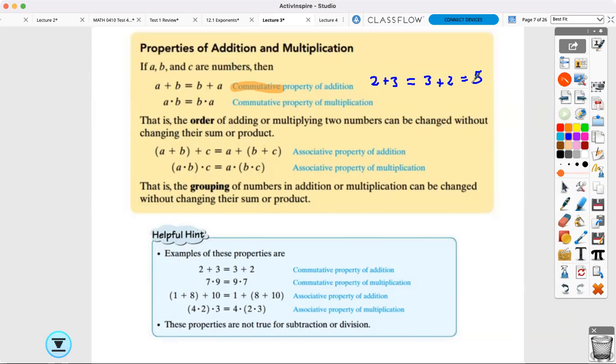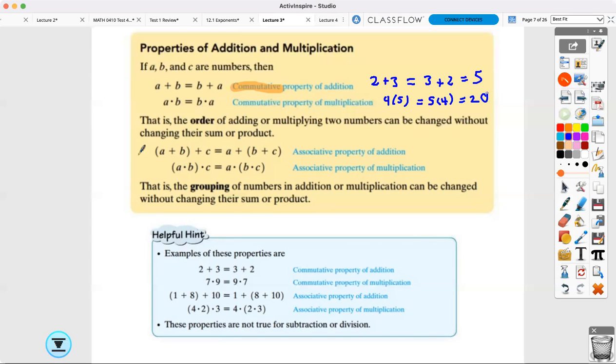So commutative tells us it doesn't matter the order we're adding in, because we're going to get the same result at the end. Look at the commutative property of multiplication, saying A times B is the same thing as B times A, just like 4 times 5 is the same thing as 5 times 4, which is just what? 20.